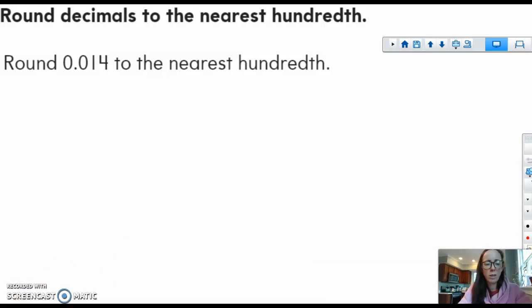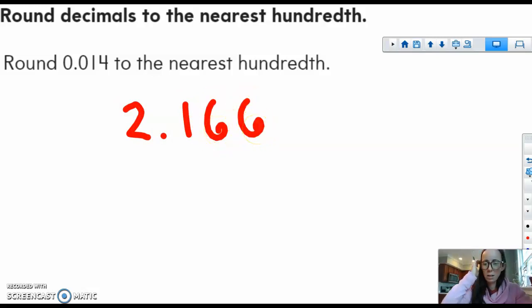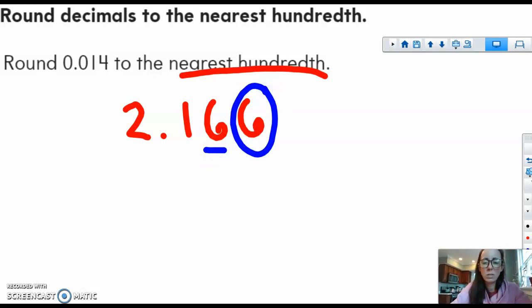Okay, I want to show you one final example of rounding a decimal to the nearest hundredth. So I have 2 and 166 thousandths, and I want to round it to the nearest hundredth. To do that, I am going to focus on my hundredths place. The digit in the thousandths place is going to help me figure out what to do with that hundredths place digit.